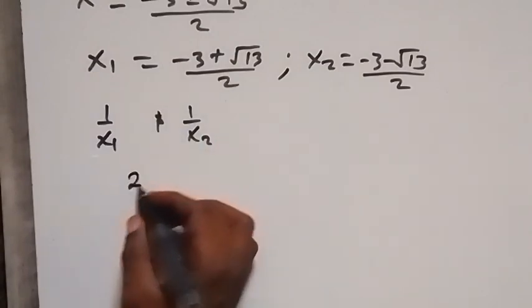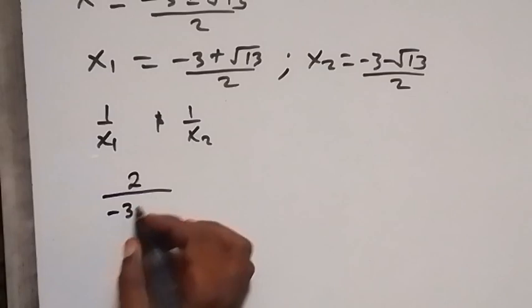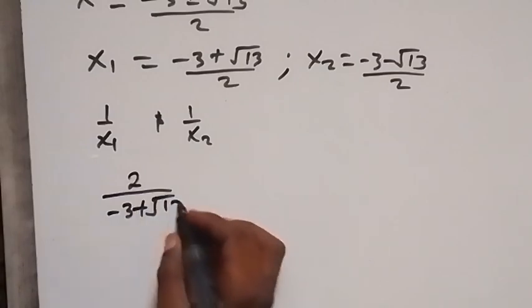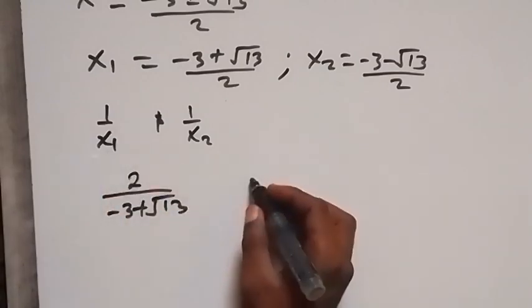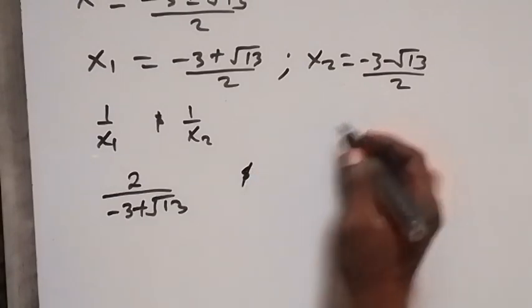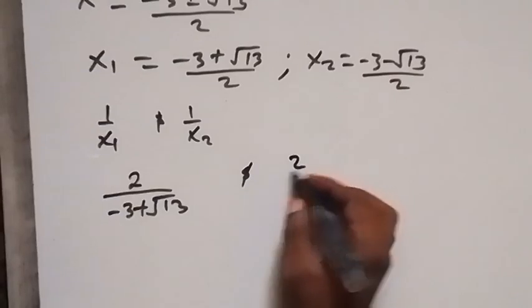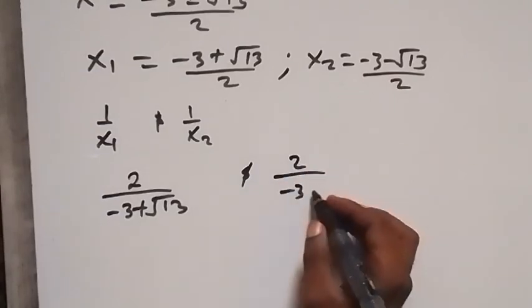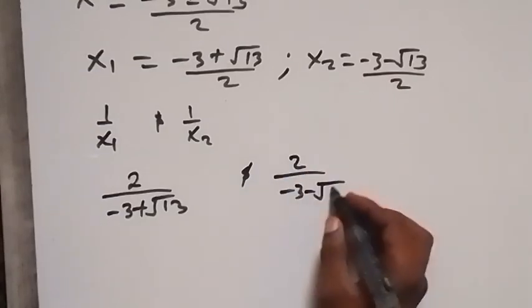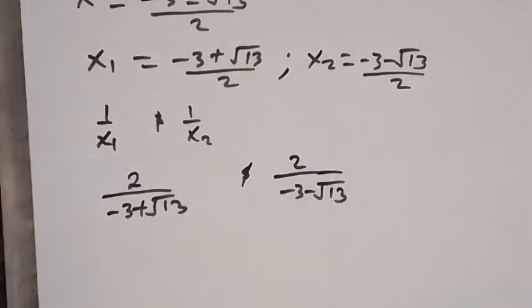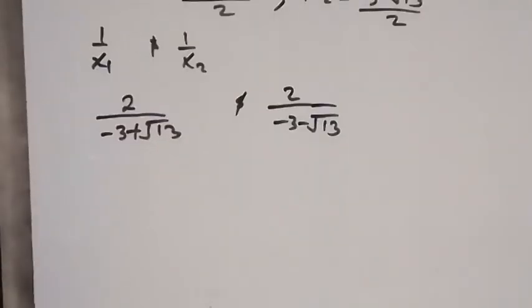That will be 2 over minus 3 plus root 13, so that's 1 over x1, and also we have 1 over x2, the reciprocal of x2, that's 2 over minus 3 minus root 13. Now, these are the roots of the equation we are finding.